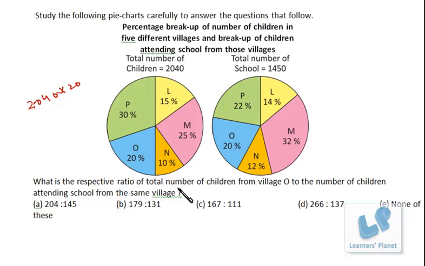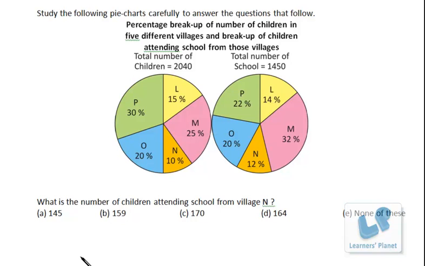So the numerator is 20%, and the denominator is 1450, and what is the percentage of O? It's still 20%. Okay, so the ratio is 2040 by 1450. So this is the correct option.